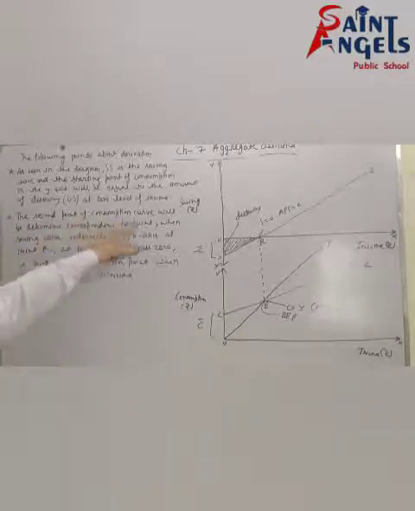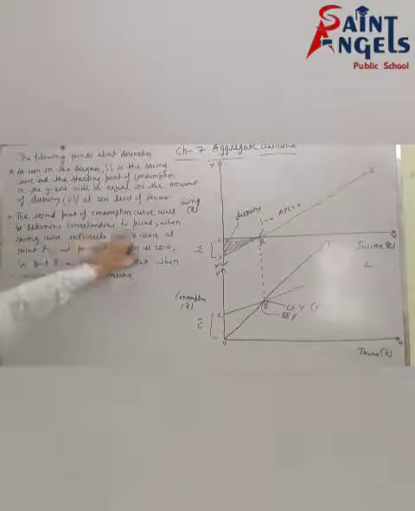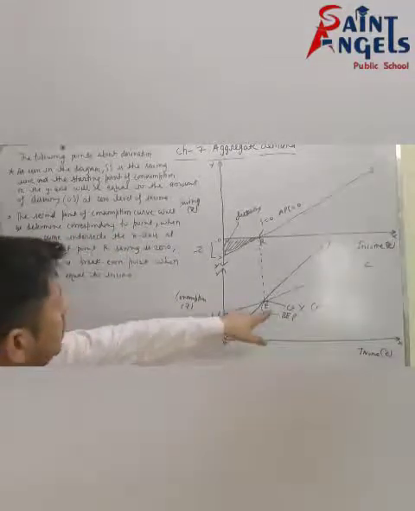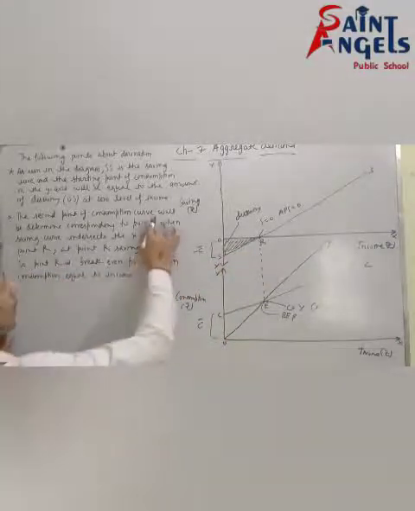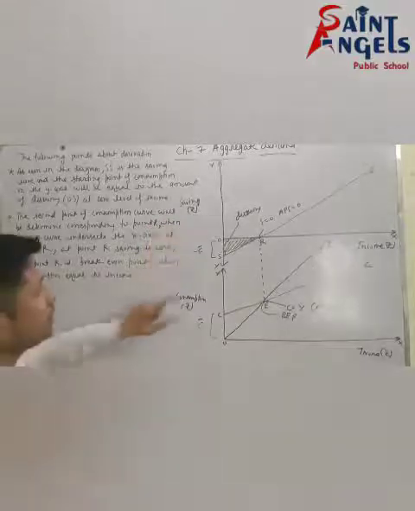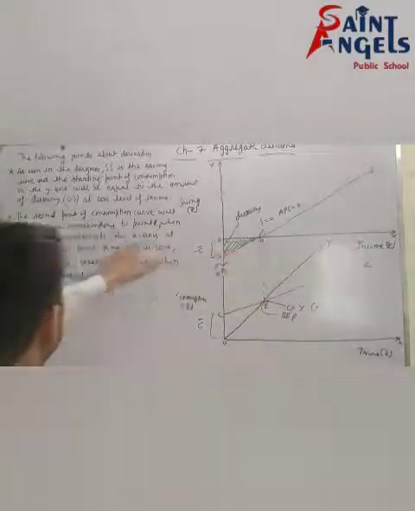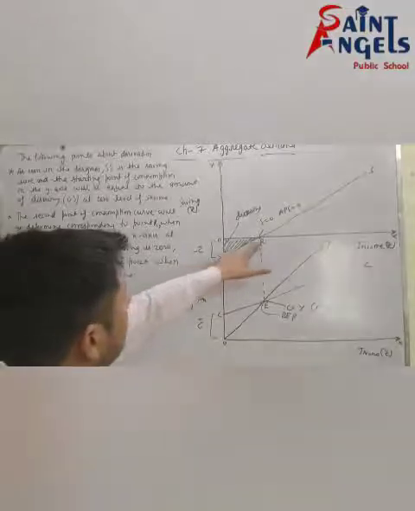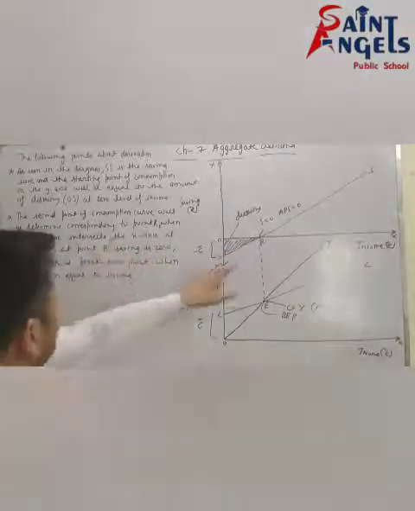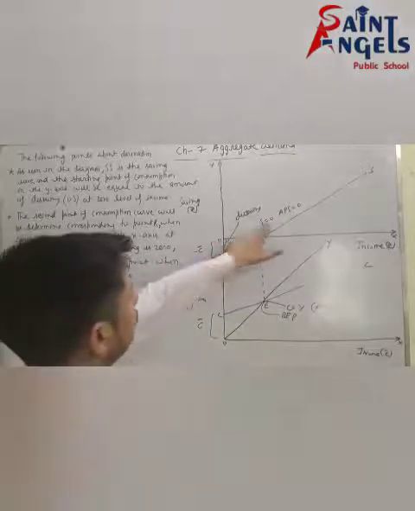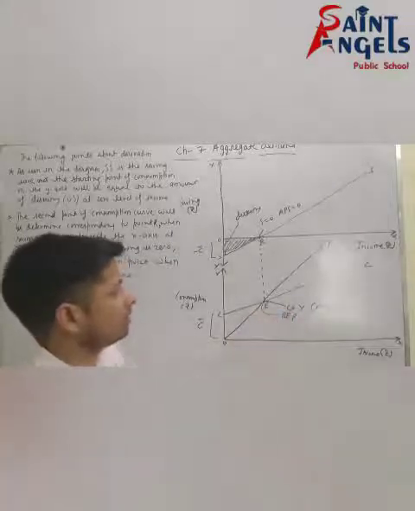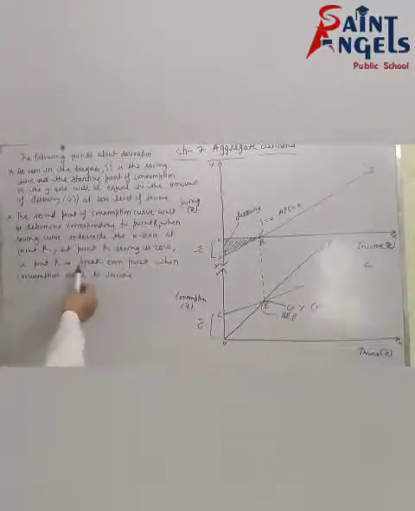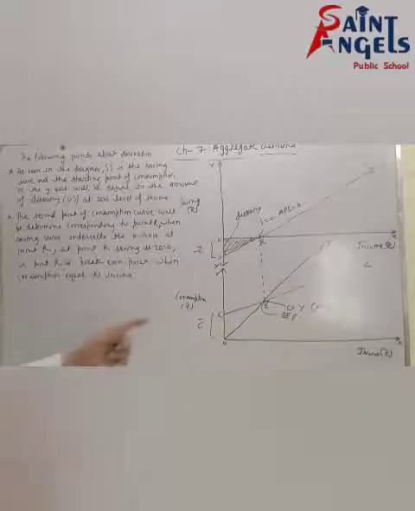The second point of the consumption curve will be determined corresponding to point R, when the saving curve intersects the x-axis at point R. Saving is zero, which means consumption will be equal to income. So point R is the break even point, where consumption equals income. I hope all of you have understood.